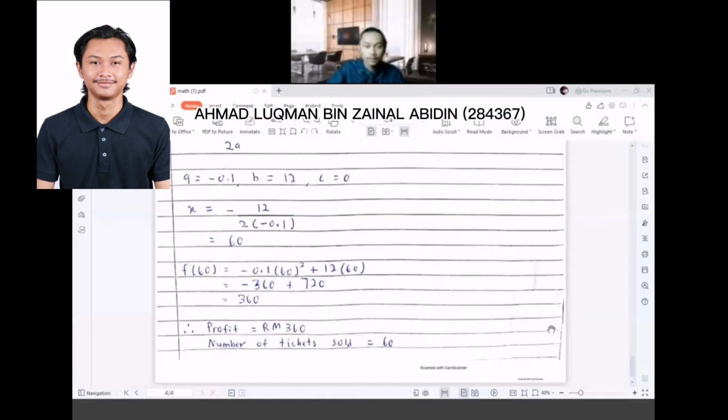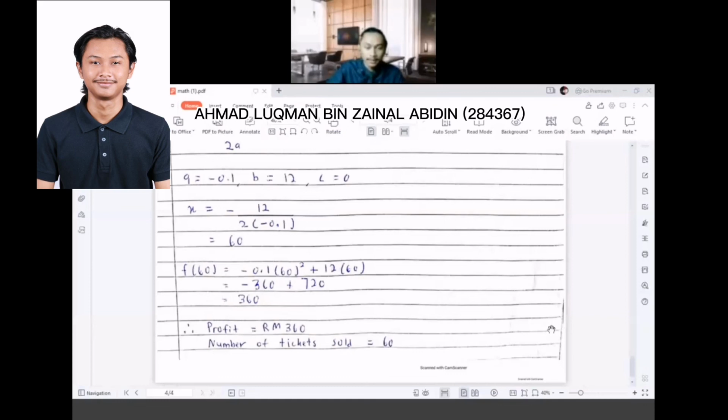Let us now return to the original function P(x) equals 12x minus 0.1x squared. Shifting the two terms around, we get P(x) equals negative 0.1x squared plus 12x, and we realize that we have the same exact function as before, except that the vertical axis is now called P(x), the profit axis.